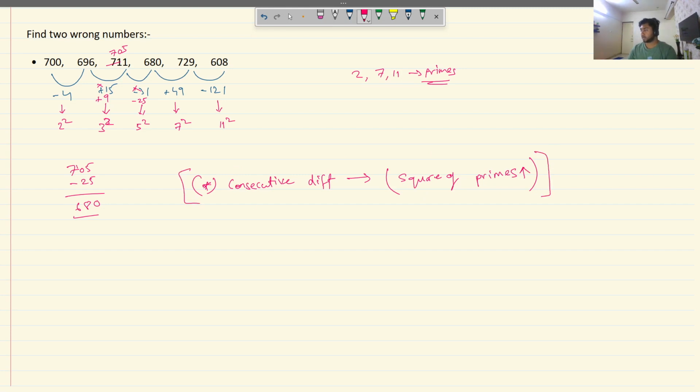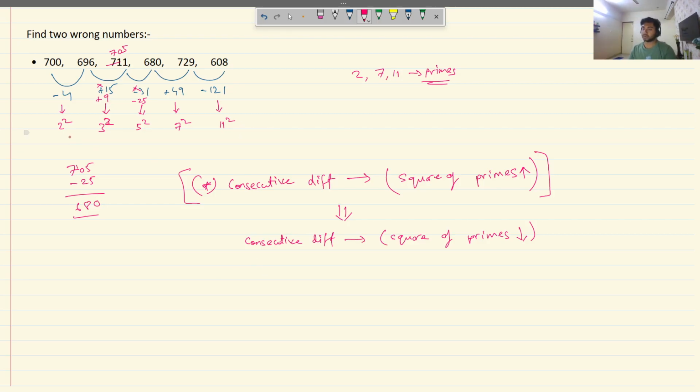And needless to say, an alternate version of the same logic would be where the consecutive difference would be the square of primes, but the primes keep reducing slowly from 11 square to 7 square to 5 square, like that. It will be in the reverse direction.